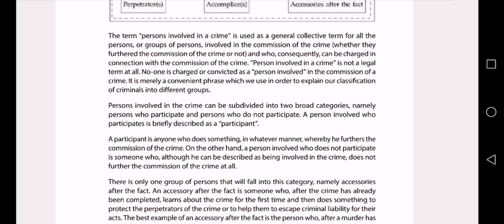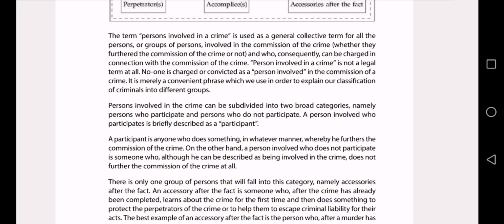The term persons involved in a crime is used as a general collective term for all the persons or groups of persons involved in the commission of the crime, whether they further the commission of the crime or not, and who consequently can be charged in connection with the commission of the crime.